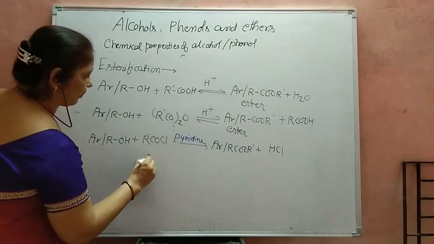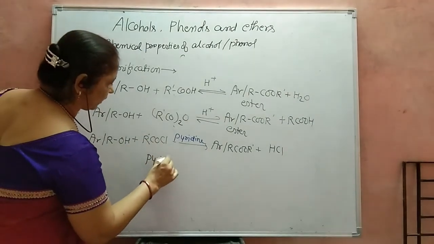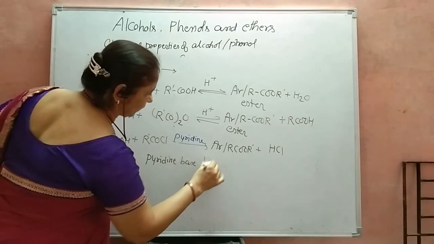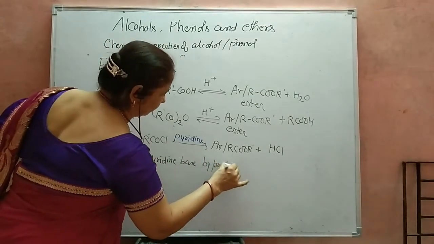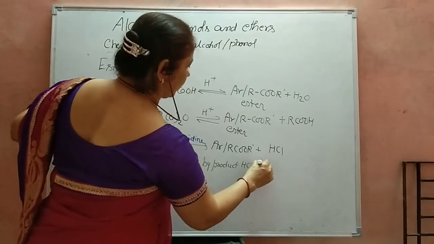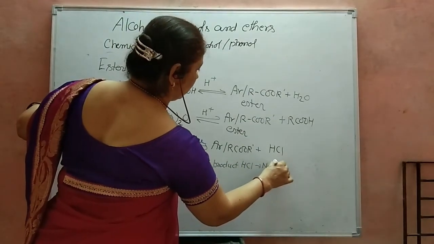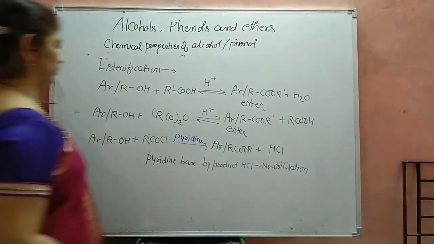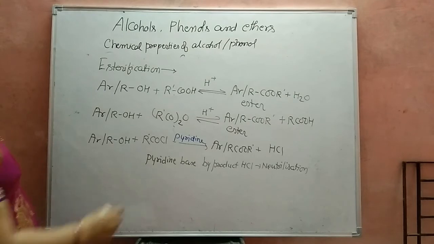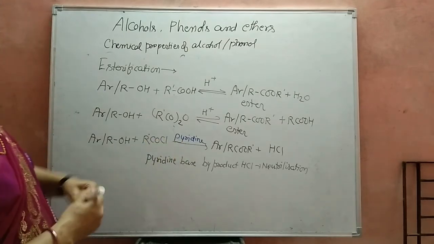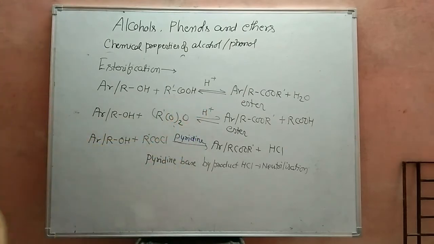So here pyridine is base. pyridine क्या है यहाँ पर? Base. और byproduct क्या है? Acid. HCl. So neutralization हो जाएगा. और due to this neutralization reaction, this reaction अपन ने इसको forward direction में बनाएंगे. बाकी सारे reactions को हमने कैसे बनाएंगे? Reversible reaction में बनाएंगे.